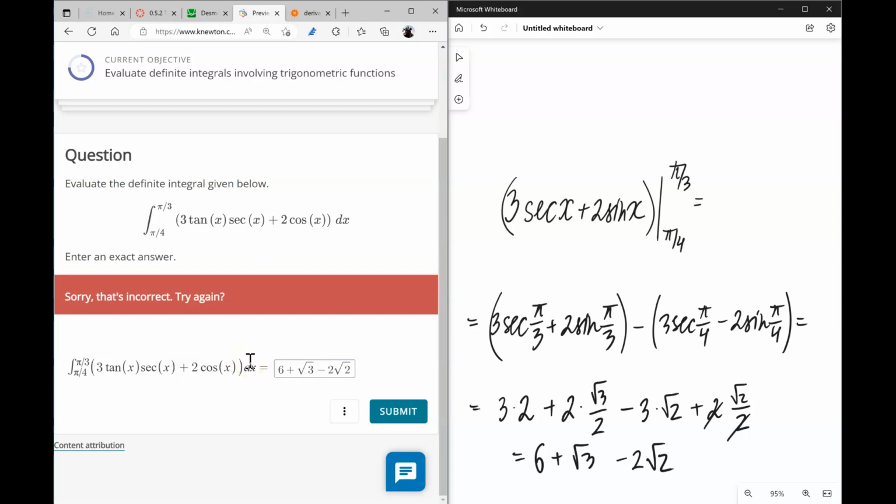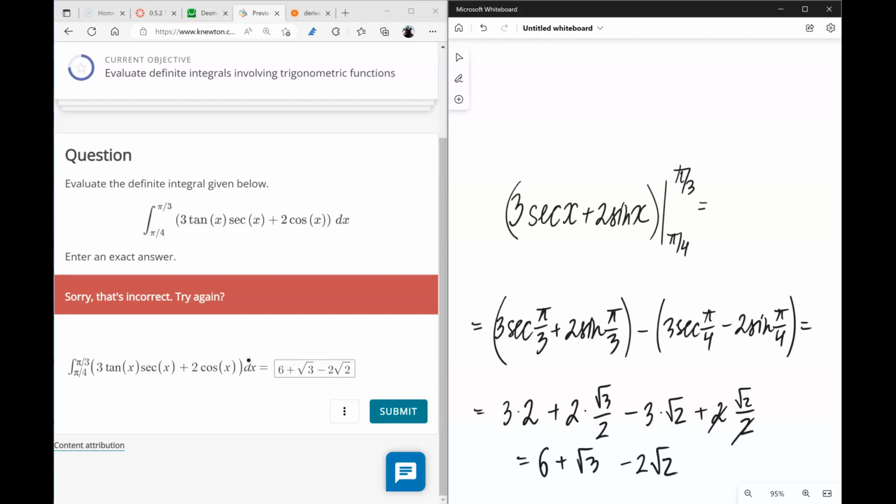Secant of pi over 3 is the reciprocal of cosine of pi over 3, which is 2. Sine of pi over 3 is root 3 over 2. Secant of pi over 4 is root 2. Why is this minus over here? So this should be minus. So this should be 4.